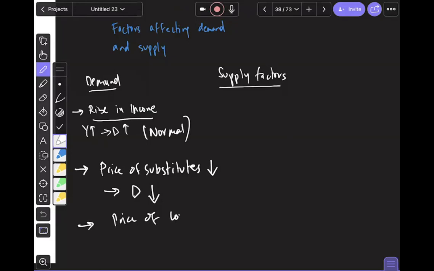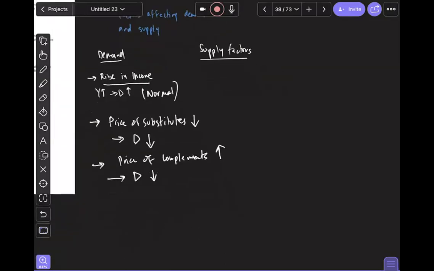Complements are goods which are consumed together. If a complement becomes expensive, for example, milk and tea, at least in Pakistan, a lot of people consume milk and tea together. They have tea with milk. If milk becomes expensive, you might see demand for tea go down. Does that make sense?